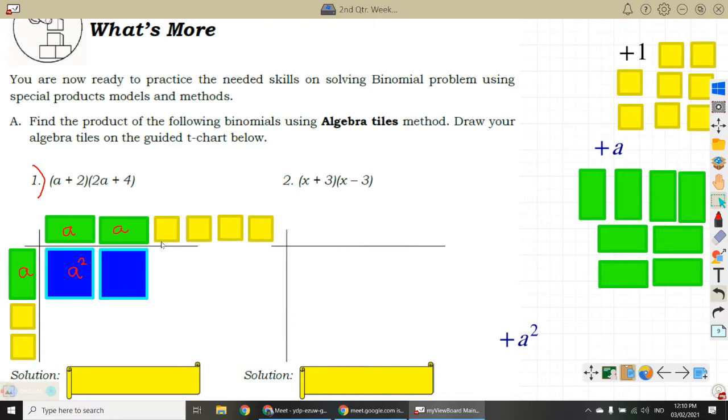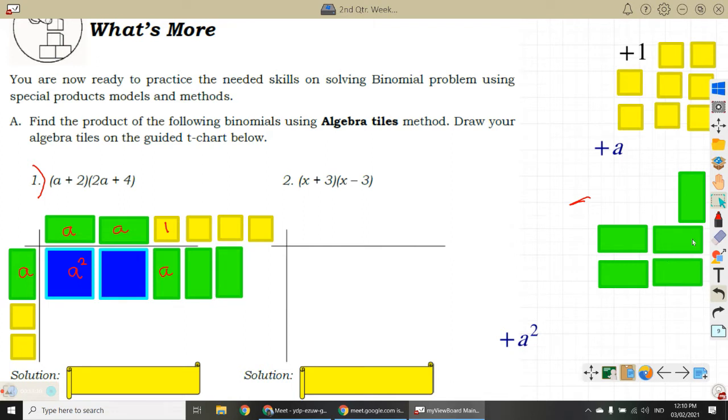So, how about a times 1? This is 1. A times 1 is represented by a block. This is also a. A times 1 is a. So, I'll continue putting up blocks. A times 1, a. A times 1, a. Ito yung minumultiply nyo.